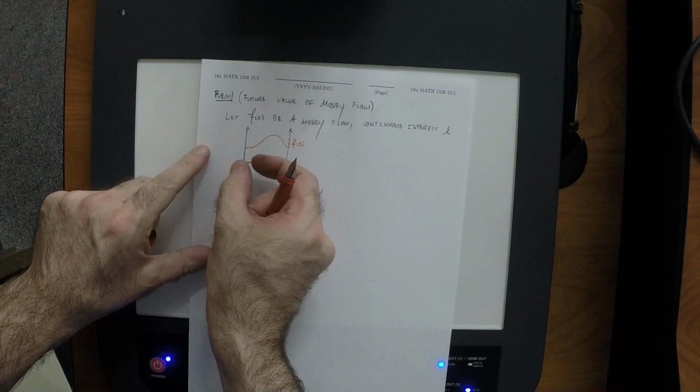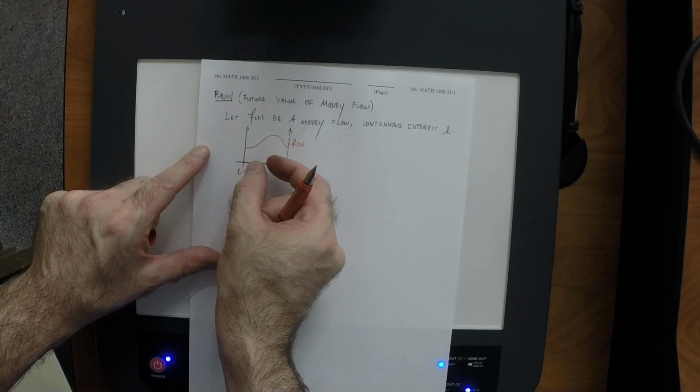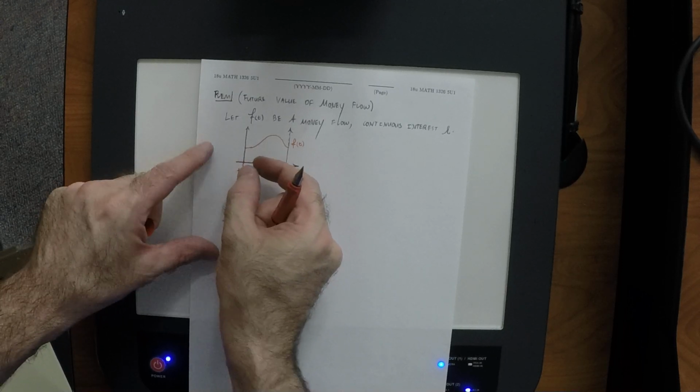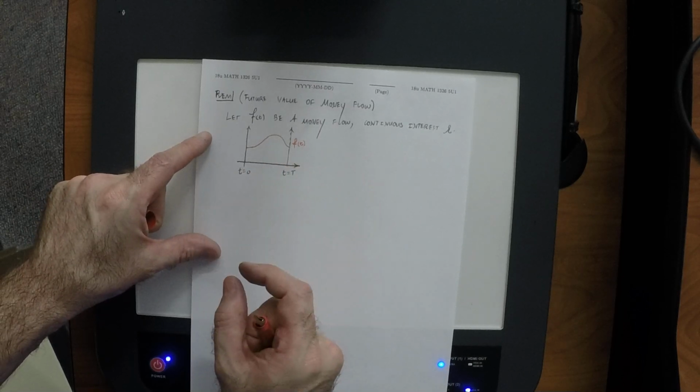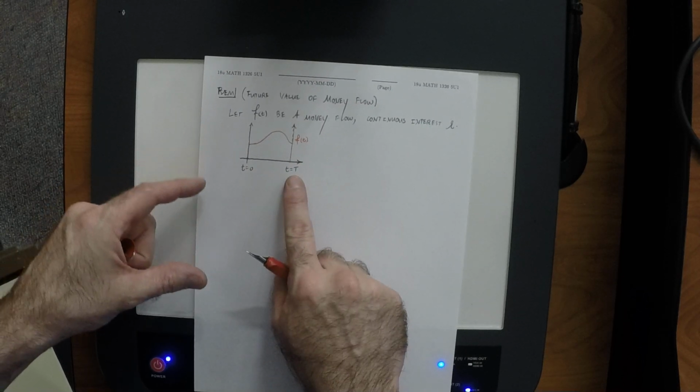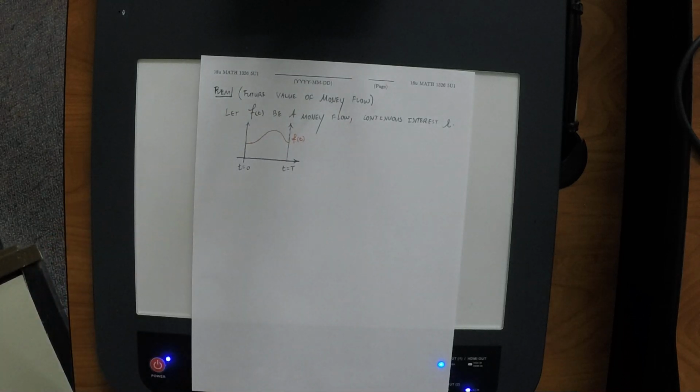So instead of transporting them to the left, backwards in time, to t equals 0, we're going to transport them to the right, forwards in time, to t equals big T. That being the case, what should you expect about the sign on the exponential? It should be positive, right? Before, we had a factor of exponential negative RT. Now it's going to have to be exponential and then positive something or other.